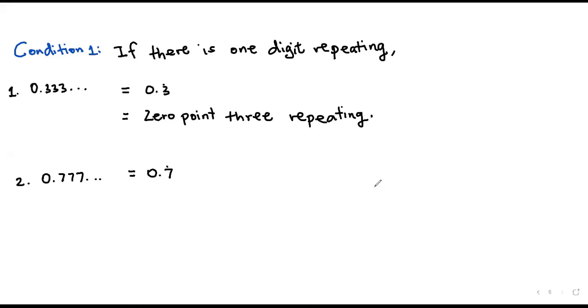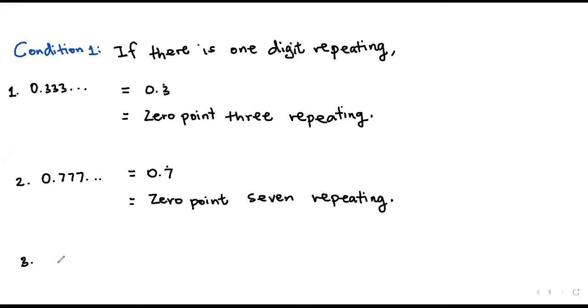Please follow, this is something very easy. Okay, 0.7 and a dot on 7. Who can read that for me? 0.7 repeating. Yes, 0.7 repeating.